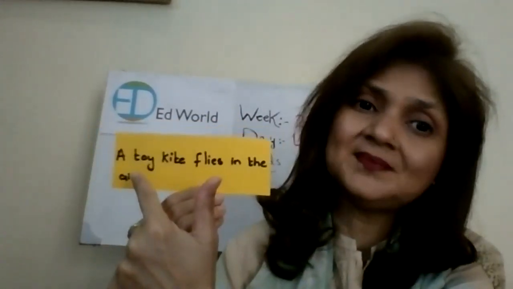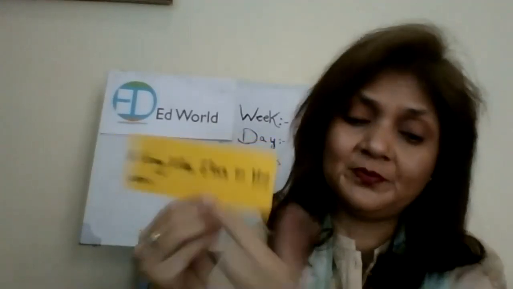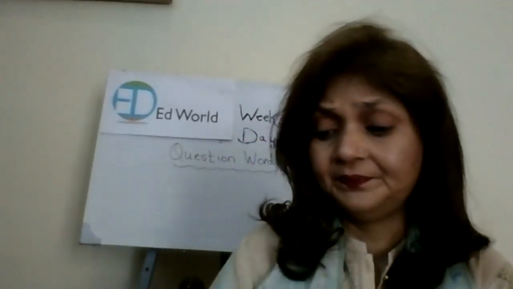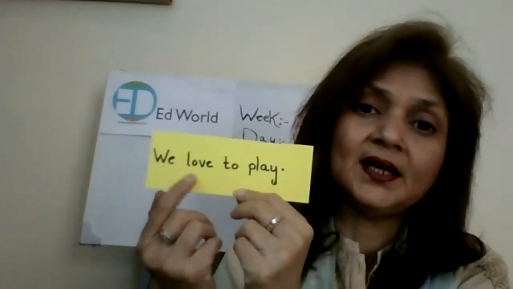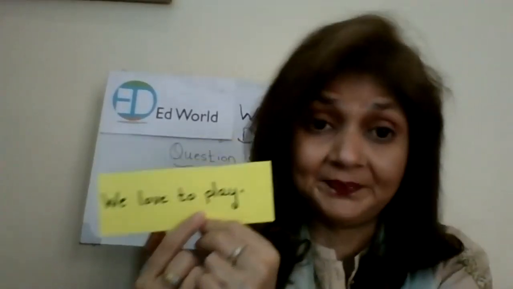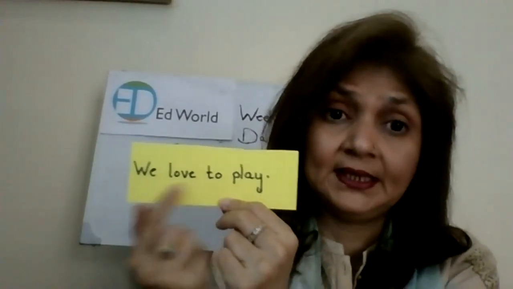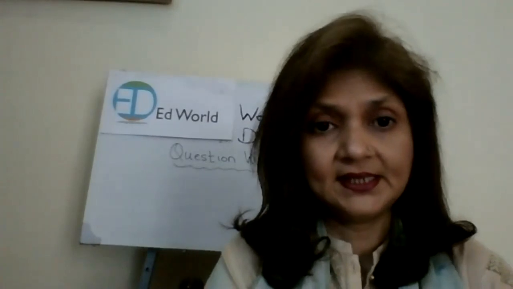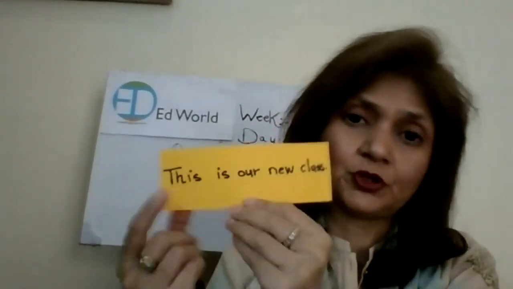It starts with a capital letter and ends with a full stop. Very good. Now another sentence. We love to play. Again, it's a sentence. It starts with a capital letter and ends with a full stop.